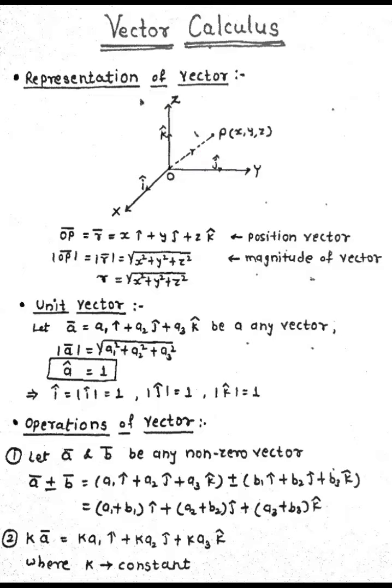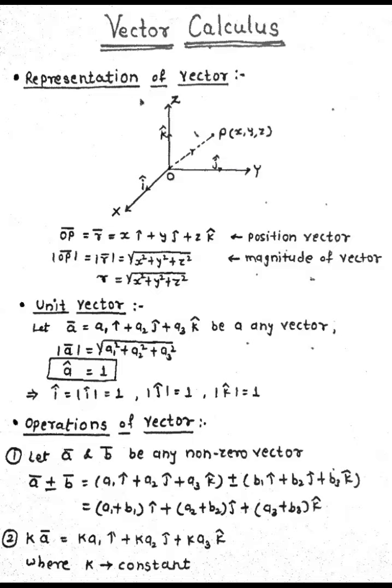These i, j, k are a very important part of vectors, because if you want to represent any point in vector form, then express the coordinates x, y, z in terms of i, j, k, and then you can easily write the vector quantity.